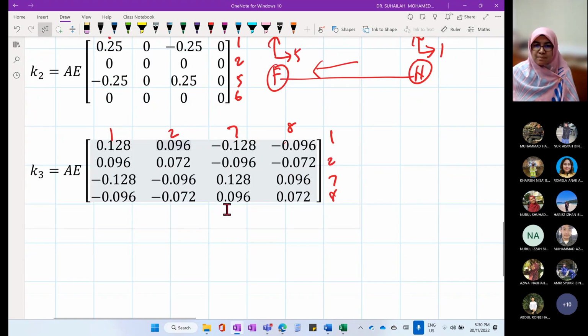So it is an 8 by 8 matrix. Always remember, from K1 until K3, the degree of freedom labels we put, we will refer to these labels to produce the structure stiffness matrix, which is an 8 by 8 matrix.